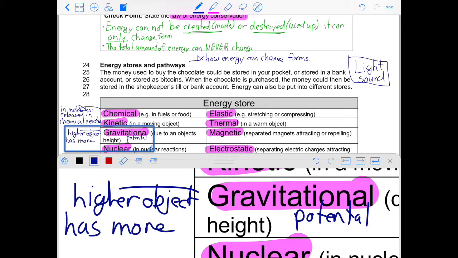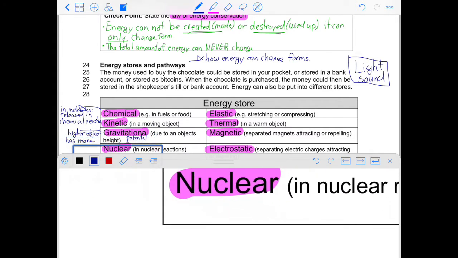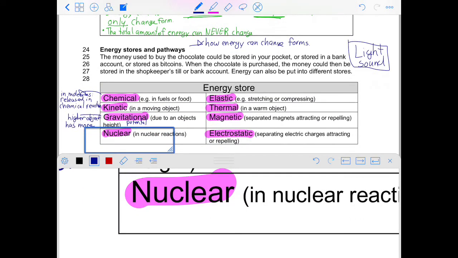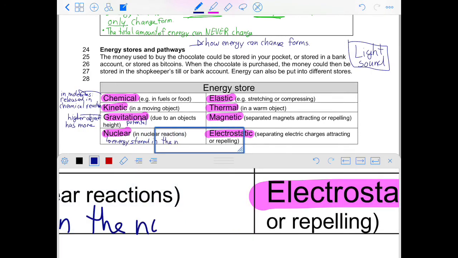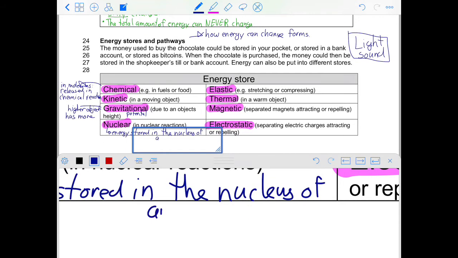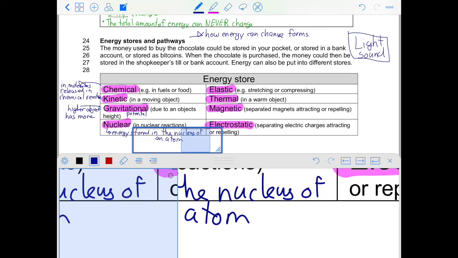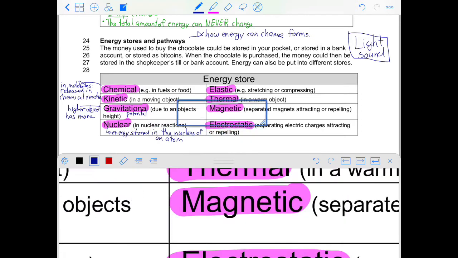If you hold it high above your head, it has more. The nuclear energy store is in nuclear reactions. This is the energy stored in the nucleus of an atom. So that's the energy between the protons and the neutrons within the nucleus of an atom.